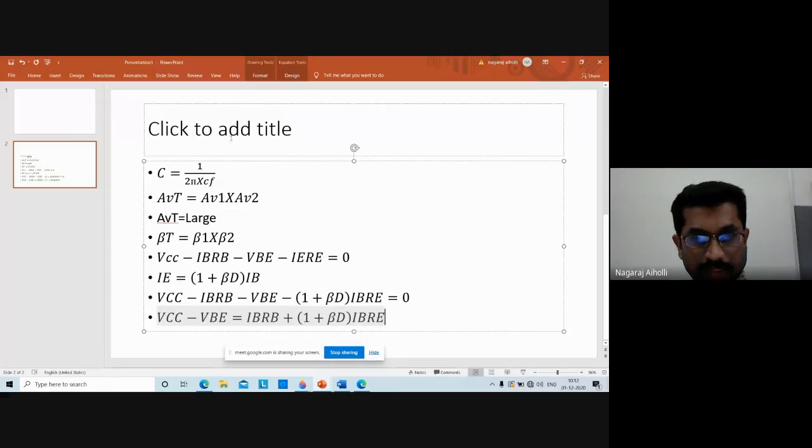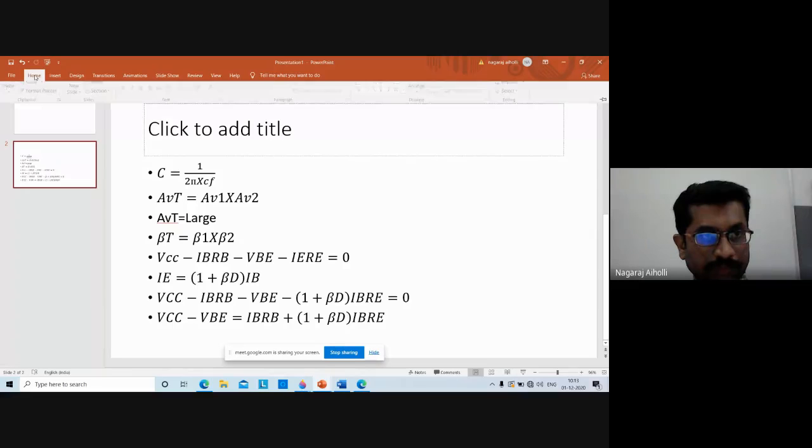Now in this equation, what is common in the RHS? IB is common, correct? Therefore, take IB common. What will be the equation here? Write down the equation.